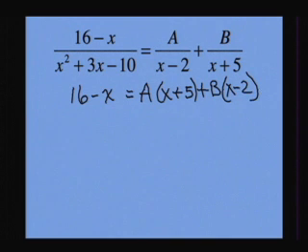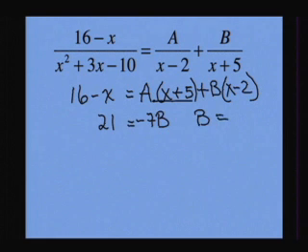And we set x equal to, let's say, negative 5, and that would eliminate my a. So 16 minus a negative 5 gives me 21, and that's going to be equal to negative 5 minus 2 is negative 7, so negative 7b. That gives me an answer for b of negative 3.